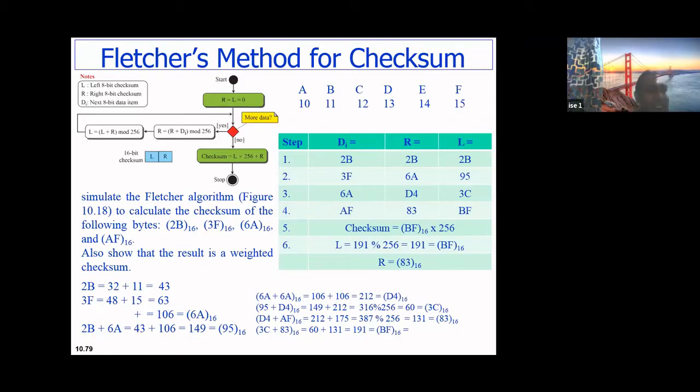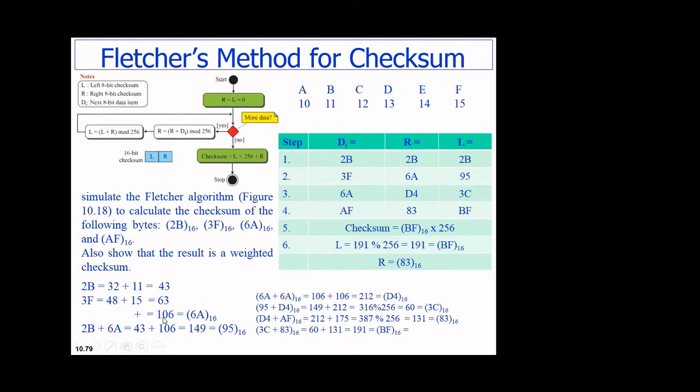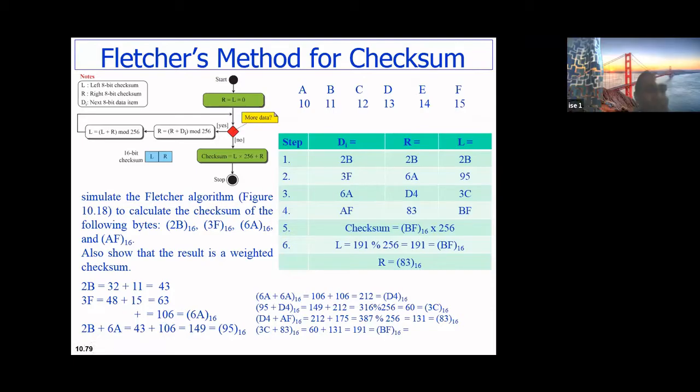And what is the remainder? 10. So that is what I have written here, 6a. 16 sixes are 96 plus 10, that gives me 106. So I have written 6a. So R was 2b plus 3f is equal to 6a. Have you understood this? Yes, sir.